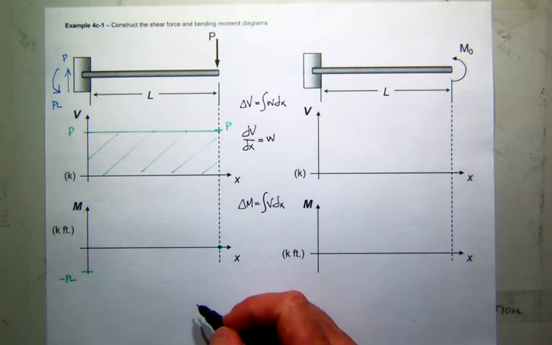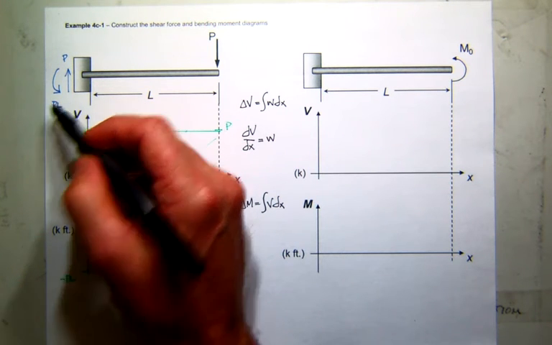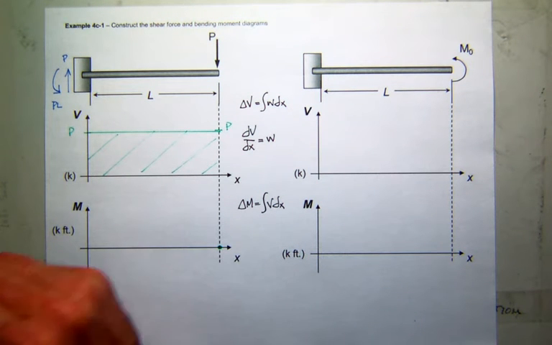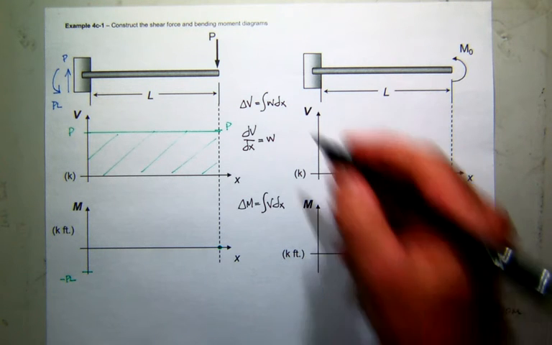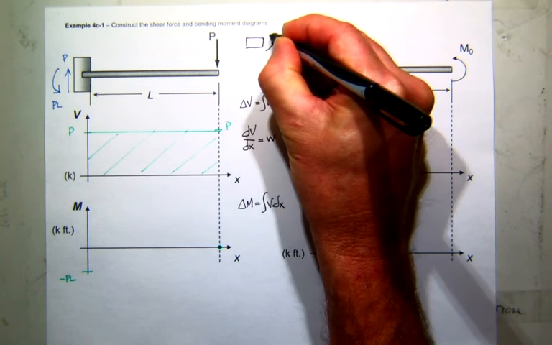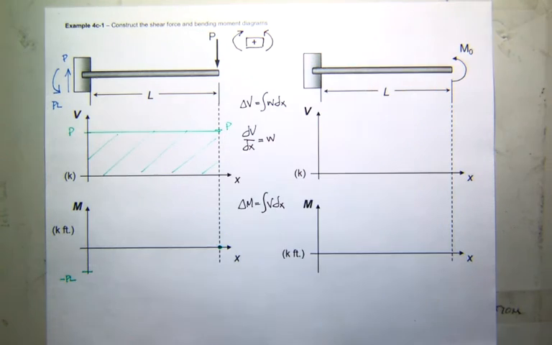0. Why is it negative? Because this moment is a negative bending moment. Not right-hand rule, bending moment. Remember our sign convention? If you have a little chunk of beam, these moments are positive bending moments.